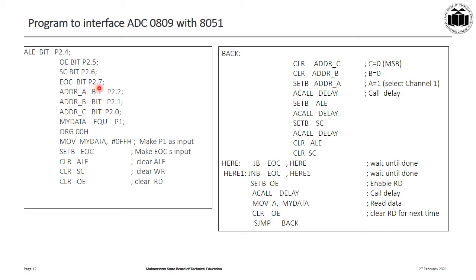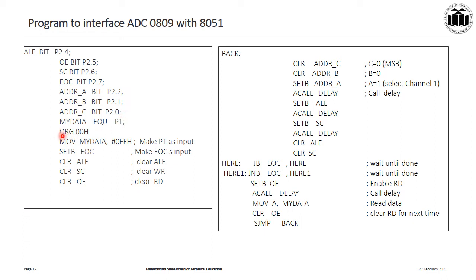End of conversion is on 2.7. These are the select lines A, B and C connected to 2.2, 2.1 and 2.0. Port 1, where we have connected the ADC, is given the name MYDATA. These are all initializing steps.